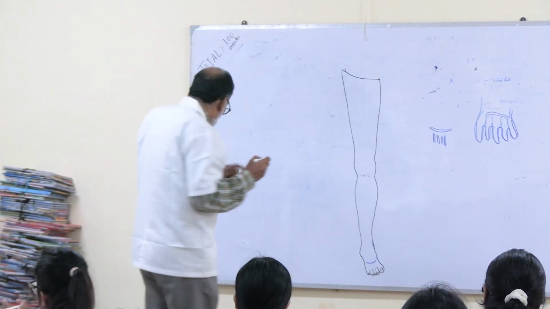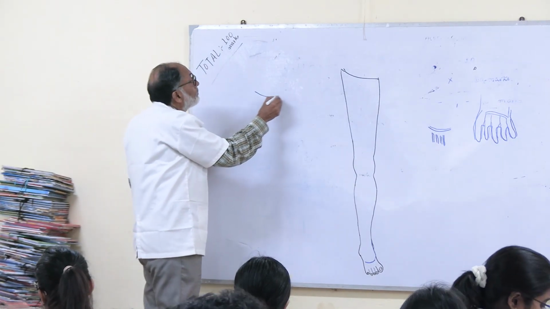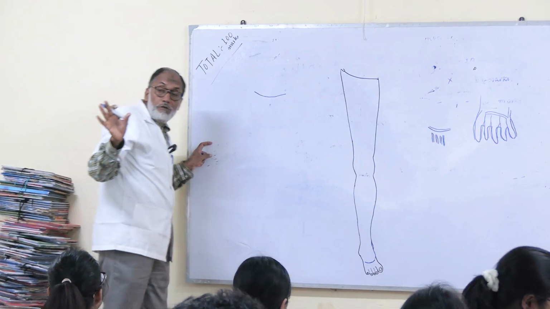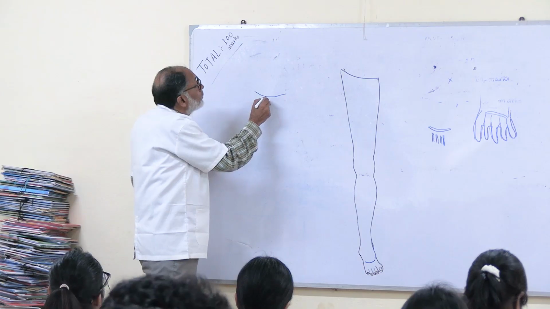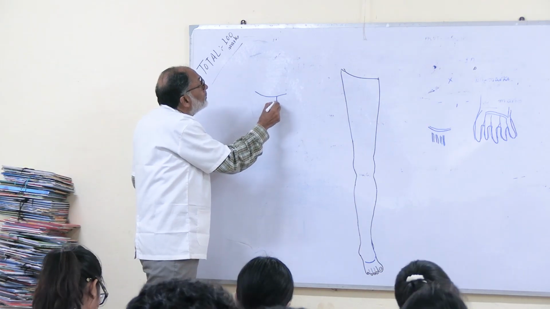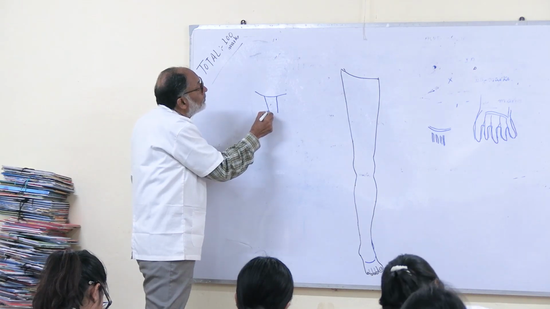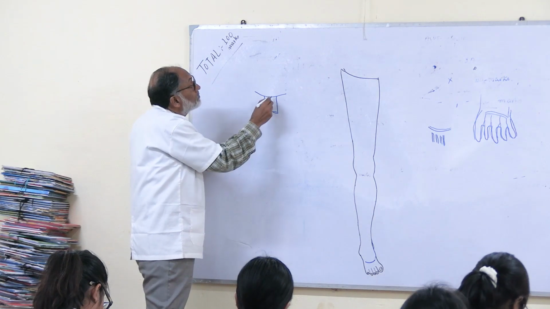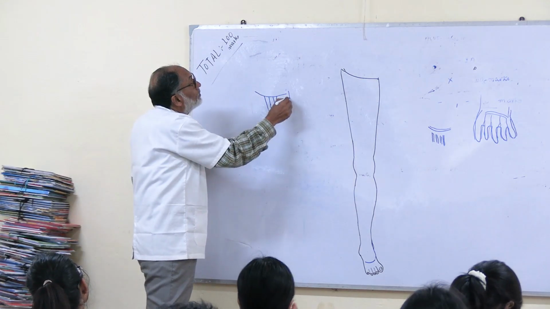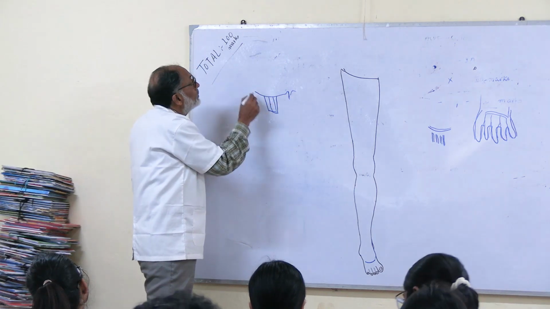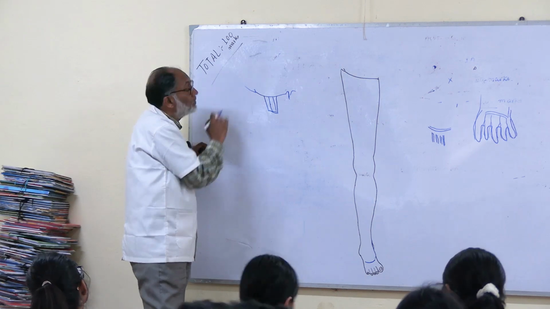suppose this is the, you have already seen in your femoral triangle dissection, suppose this is the femoral sheath. It is divided into 3 compartments. This is the symphysis pubis. This is the medial, this is the lateral, right?